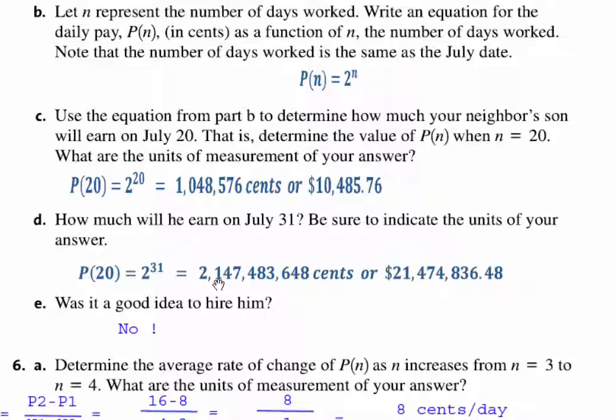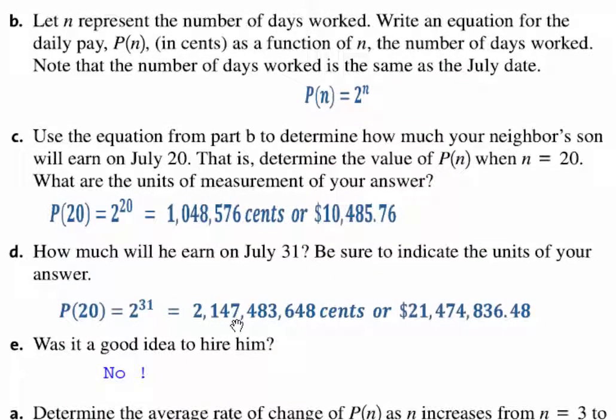I'm sorry, that looks like 2,147,483,648 cents, or $21,474,836.48. So at the end of the day, was it a good idea to hire him? The answer would definitely be no, right? Because on the last day, you're paying over $21 million.